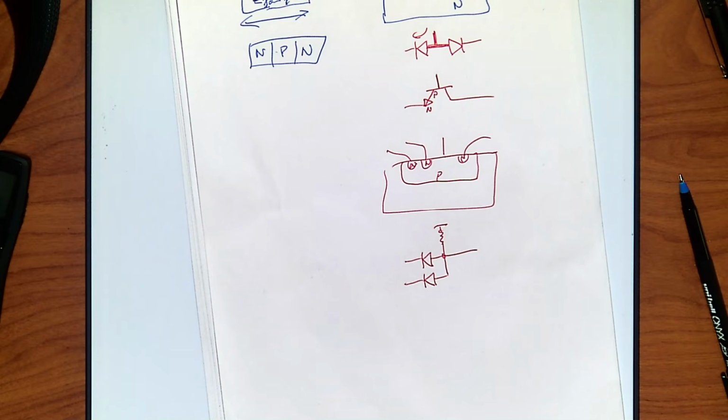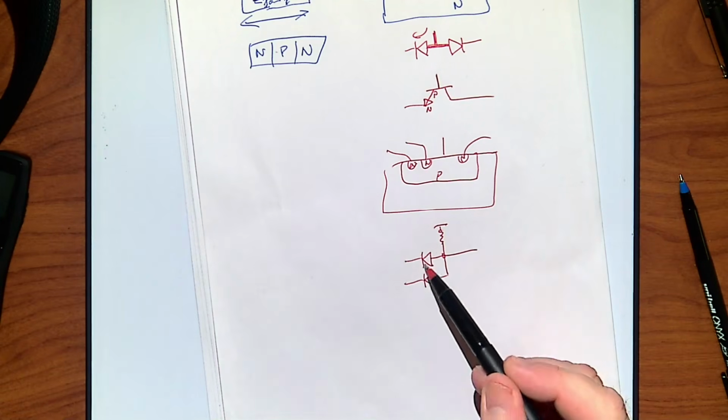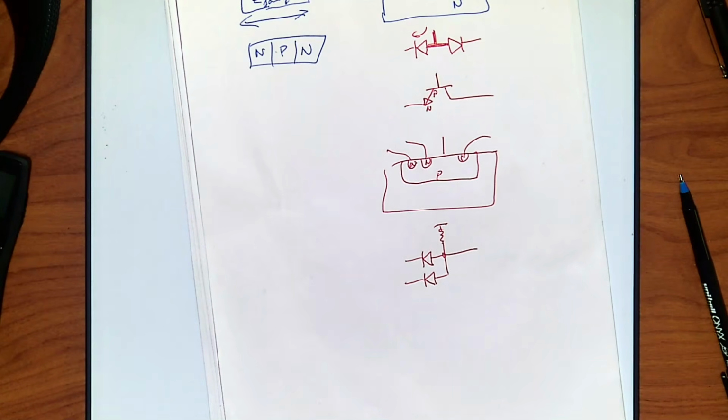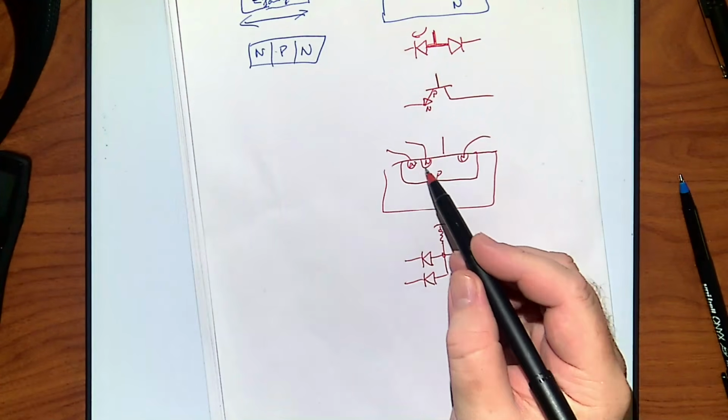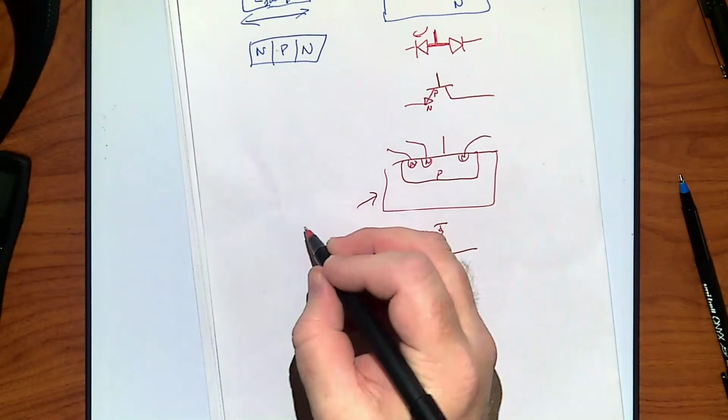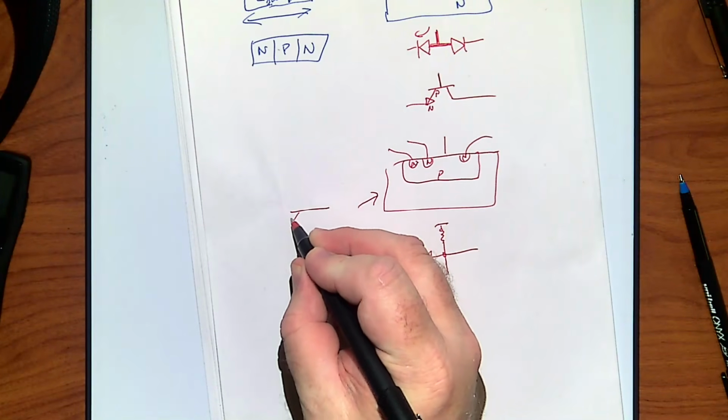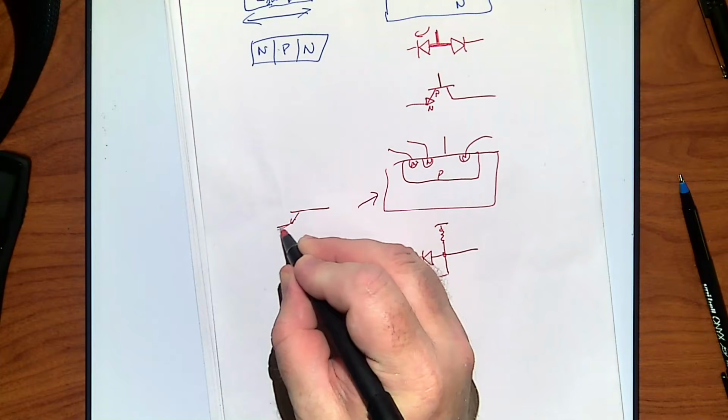Well, why do I need two diodes? Both of these are acting as controls for this junction. That's exactly what this is doing. I've got two ones acting like a control. So this can just be drawn as I've got two control legs.